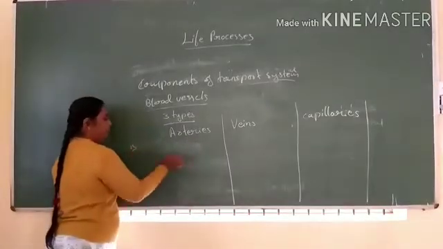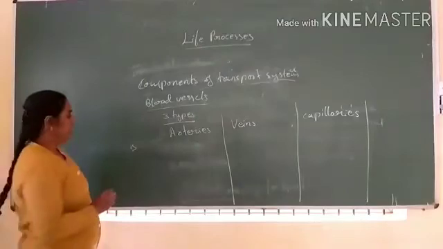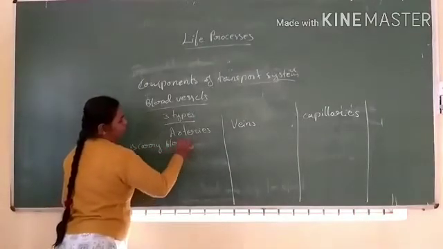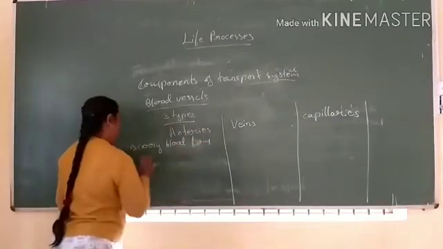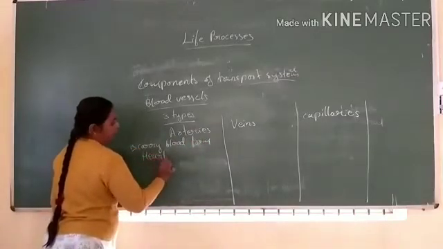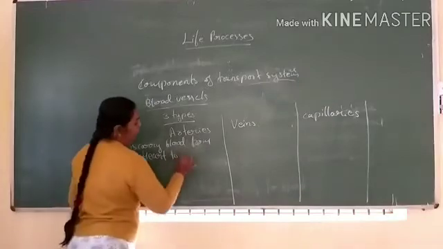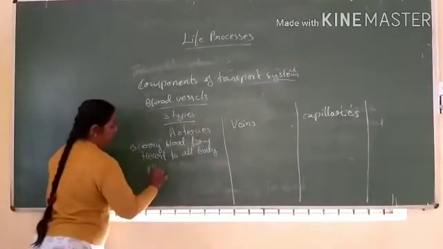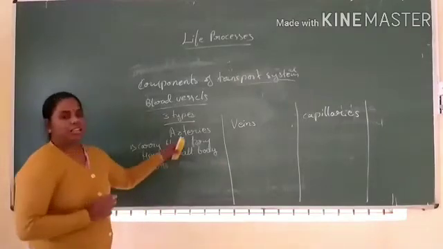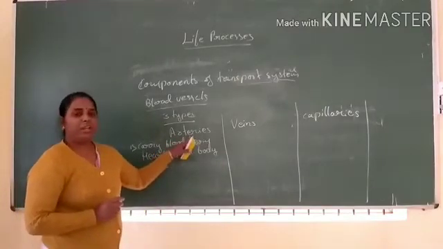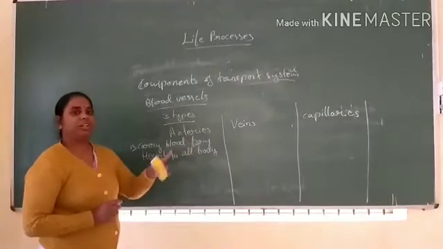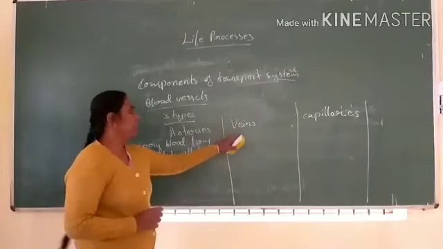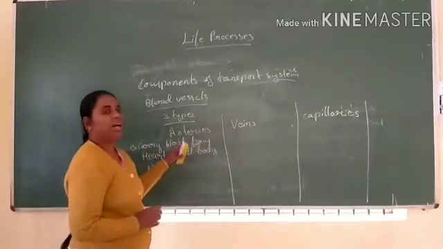Friends, easy. The arteries, they carry blood from the heart to all body parts. That means arteries take away blood from the heart to the different parts of the body. And secondly, the veins, they perform the opposite function to the arteries.